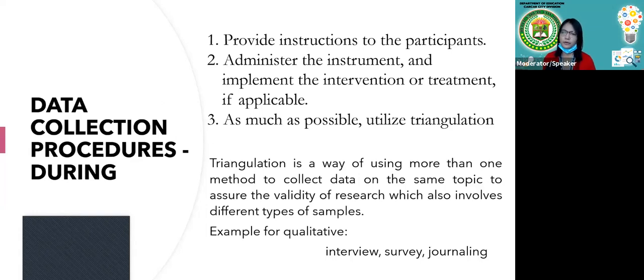If you already have identified your participants and you have come to an agreement already on what they are going to do, you can now administer the instrument. You can give them the instrument, give them time to answer it, and then of course you also have to inform them when you are going to retrieve their responses.